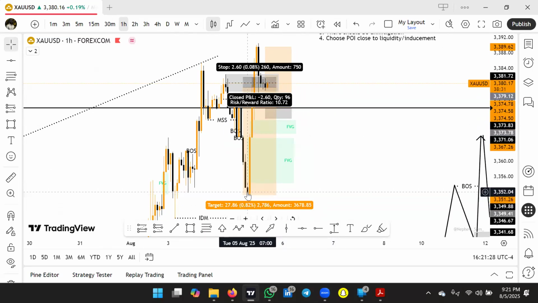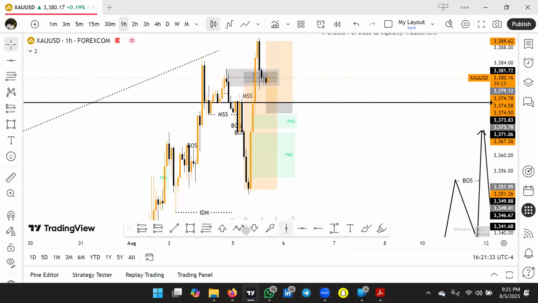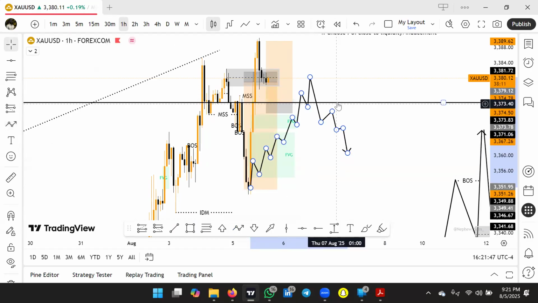But if you observe, the buy momentum was so strong. The price was supposed to be doing something like this: higher high, higher low, higher high, higher low, and tap into my point of interest and begin to sell again. That's how the market is supposed to work.